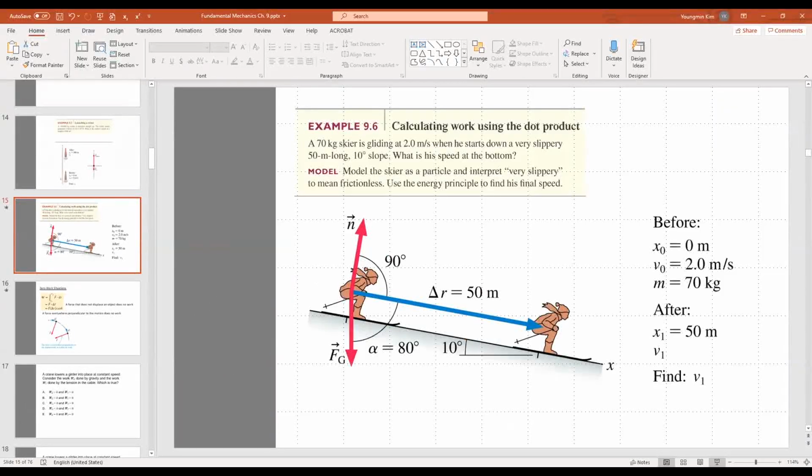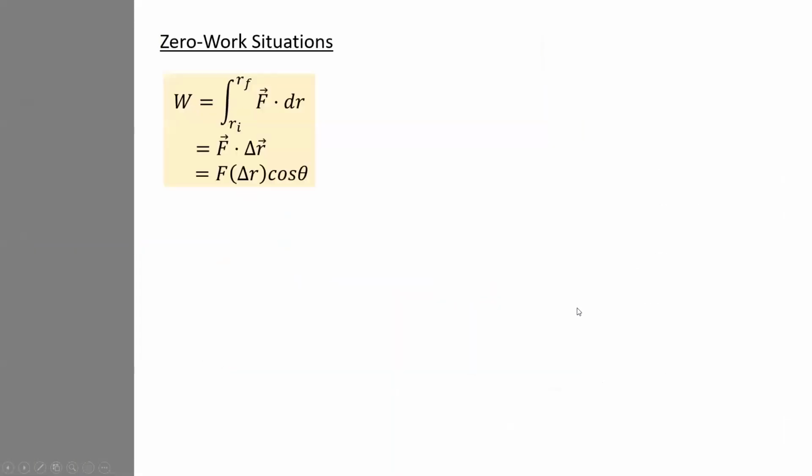Now to finish it off, let's take a look at some conceptual questions from the slide. So we have done this example here. Now, before we move on, there are certain cases where there are some zero work situations.